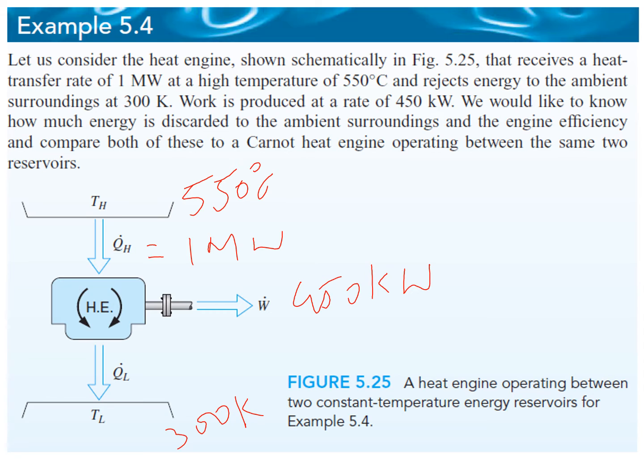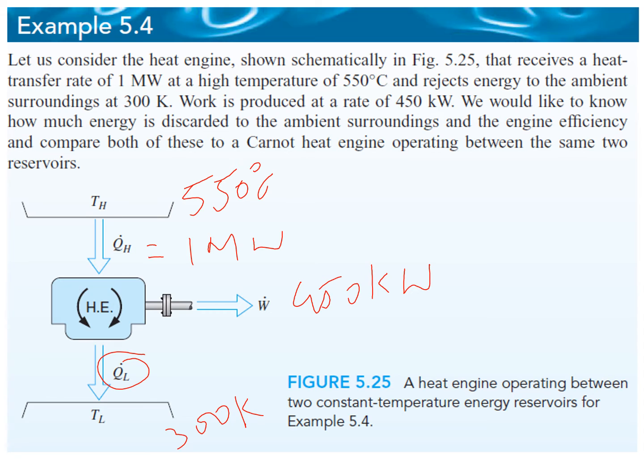We would like to know how much energy is discharged to the ambient, this one, QL dot, to the ambient surrounding, and the efficiency of this, and compare the efficiencies for the Carnot engine as well as the actual engine.